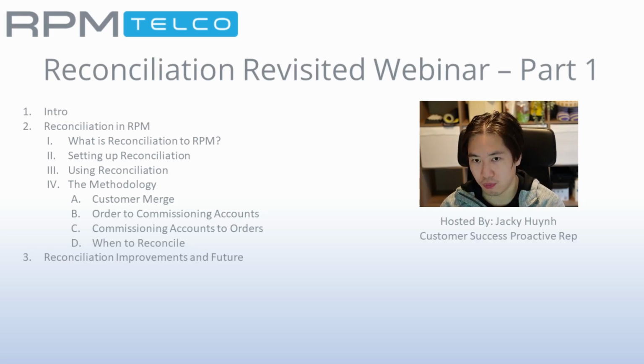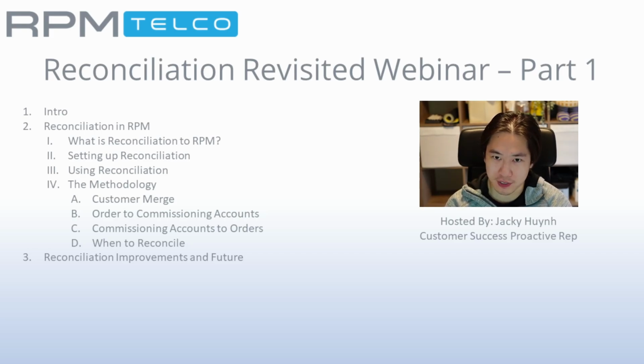When it really comes down to it, we're taking data from not the most reliable sources, unfortunately, like suppliers, and we're trying to match it to our order records. And in between the commissioning and when you close the order, there's a whole bunch of human interaction, and a bunch of very common human errors that can happen between data entry on one stage and data entry on another stage, right?